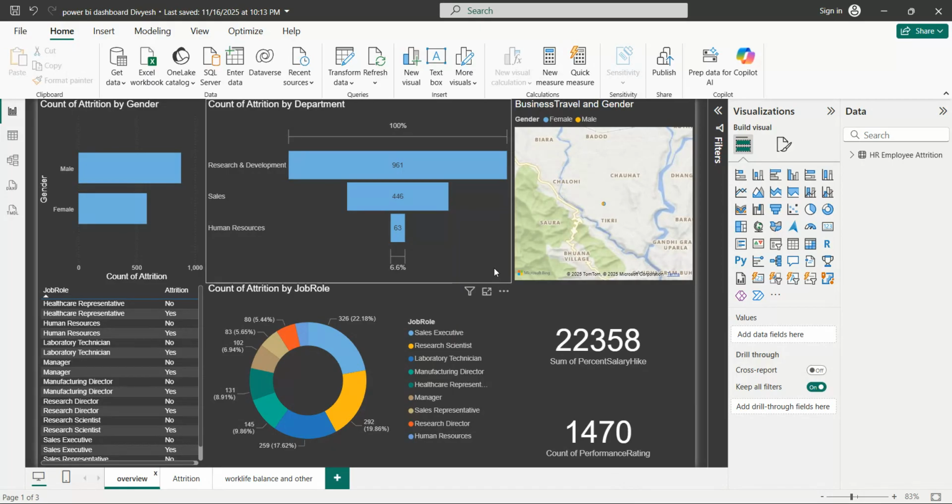What are its goals? Its goal is to identify the key factors and understand how age, marital status, department, and job roles affect the turnover rate of the company. Then it highlights the attrition trends and provides insights that help stakeholders address key concerns to improve employee retention.